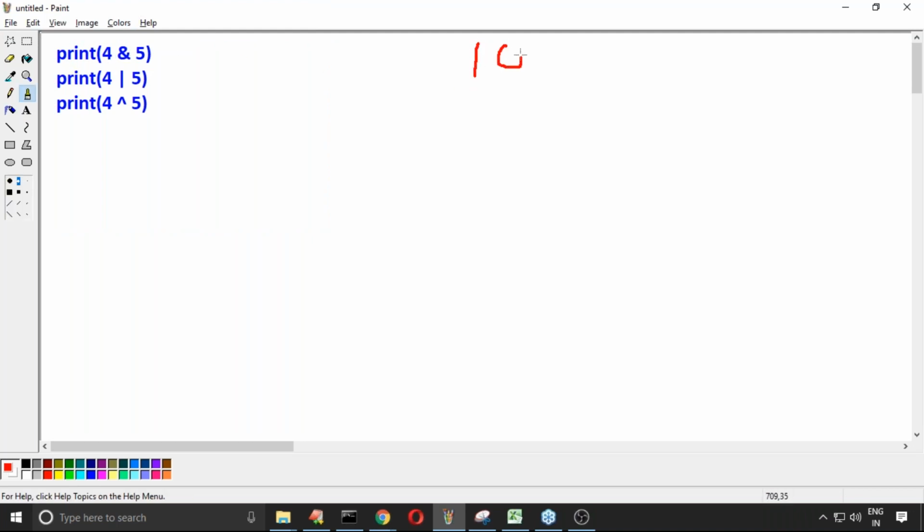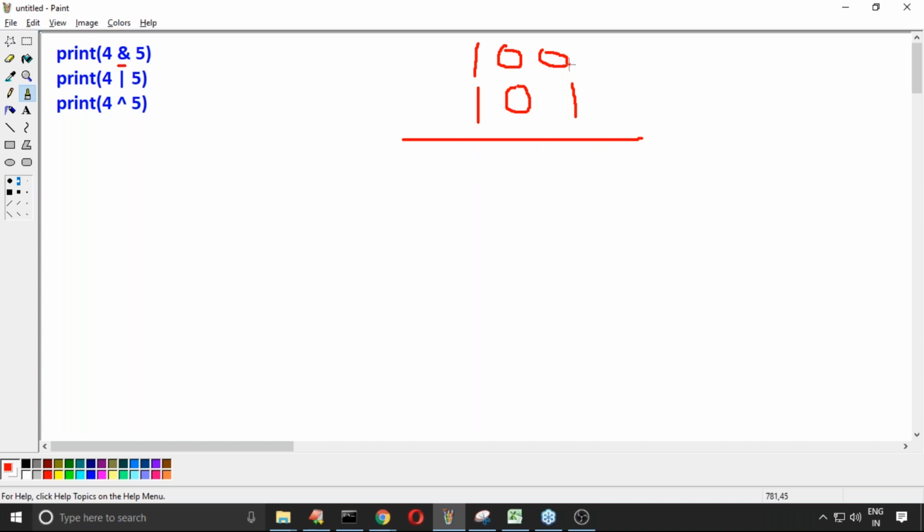4 means converting into bits, the binary 100. Correct, right? 4 means 100, this is the binary equivalent. 5 means 101 in binary. Now the AND operator we are applying.